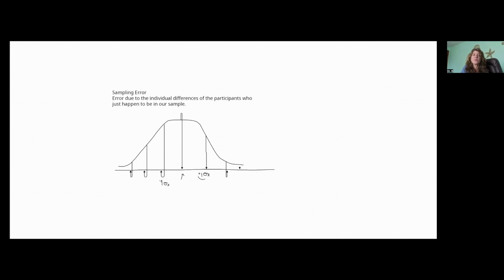There's our standard error, which is a measure of sampling error. We have +2 standard error, right? And so forth and so on. And so as a consequence, we have this measure of sampling error, right? Error due to the individual differences of the subjects that just happen to be in our sample.